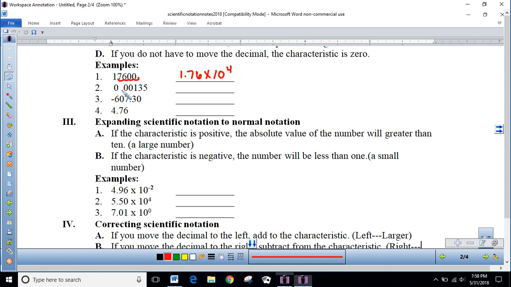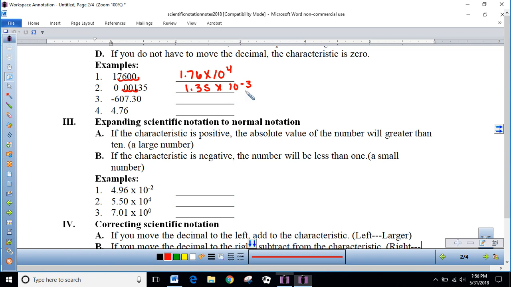This beginning number here is a decimal number, so anytime you have a decimal number, when you put it in scientific notation, it's going to be a negative exponent. So we're going to move it 1, 2, 3 spots, so 1.35 times, and that was not more than 10, so it would be times 10 to the negative third.